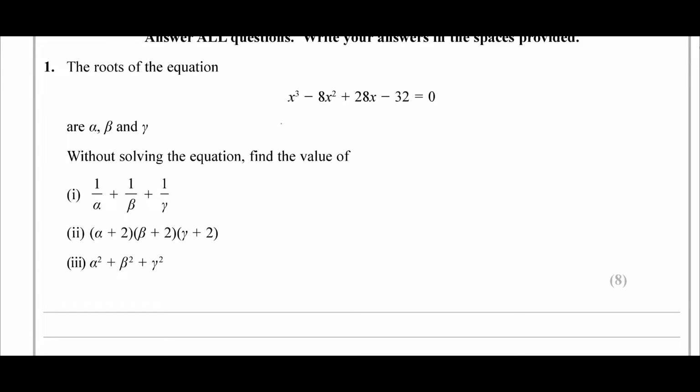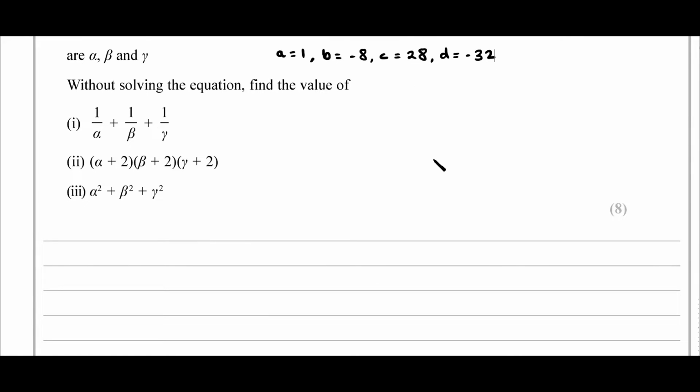We can first of all find out the value of a, which is 1, b, which is minus 8, c, which is 28, d, which is minus 32. So, with that being said, we can find the sum of the roots. So let's just write this down.